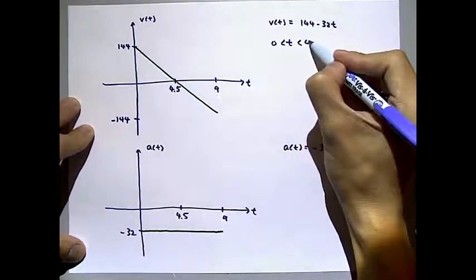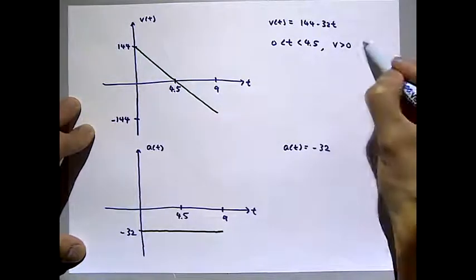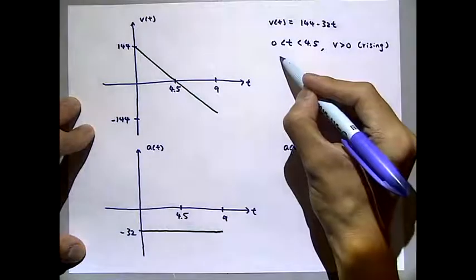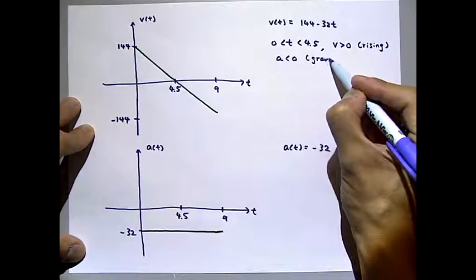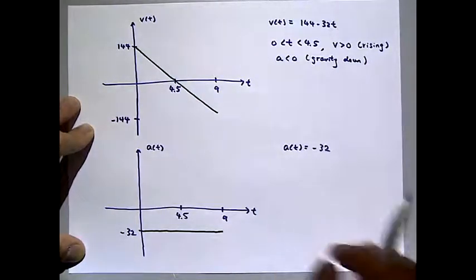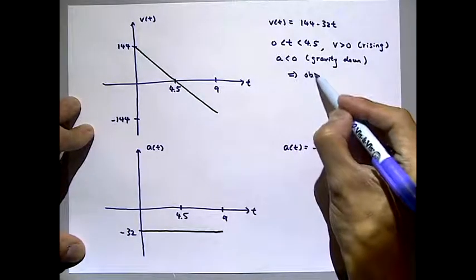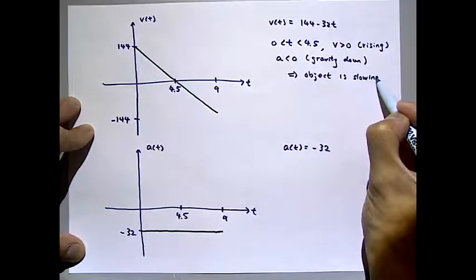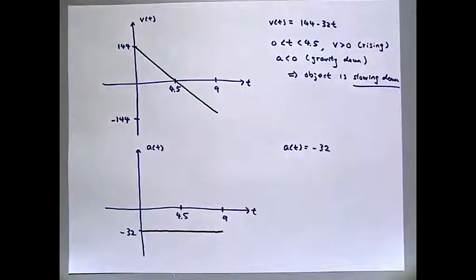Between 0 and 4.5, velocity is positive because it's rising, but acceleration is negative. Gravity is downward. And we know from the simple physics behind this that the object is slowing down.